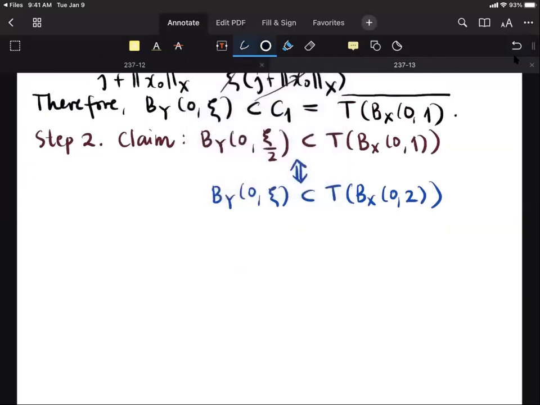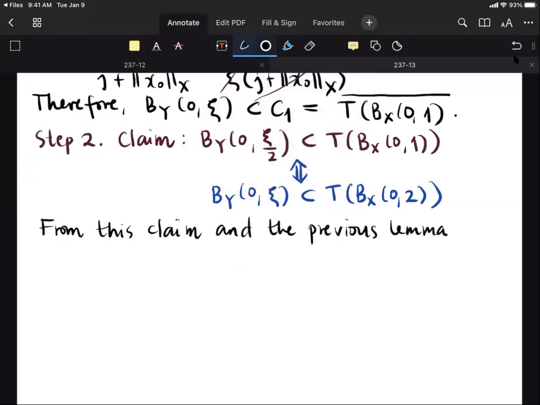Now, from this claim and the previous lemma, with delta to be xi over 2, we deduce that T is open.